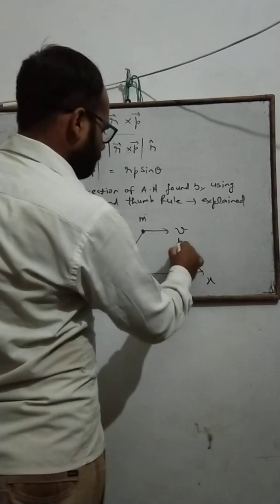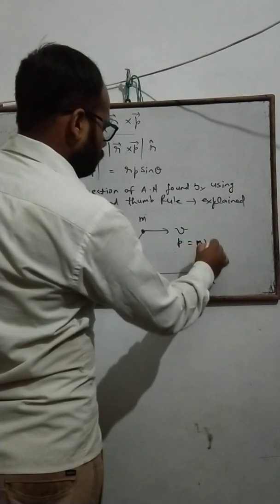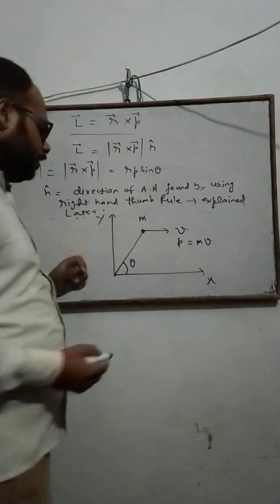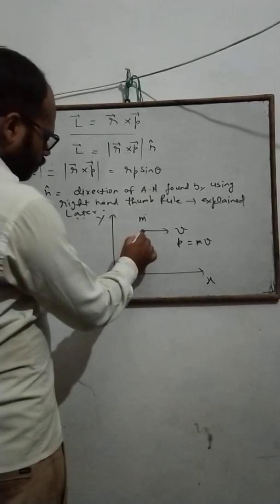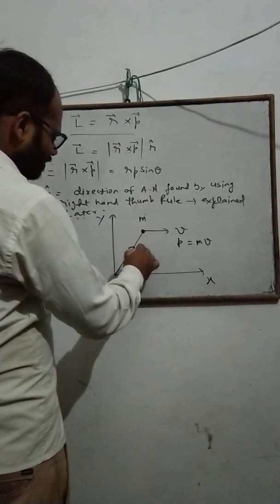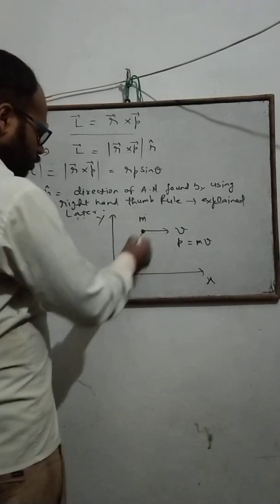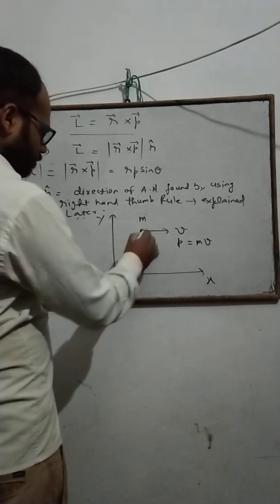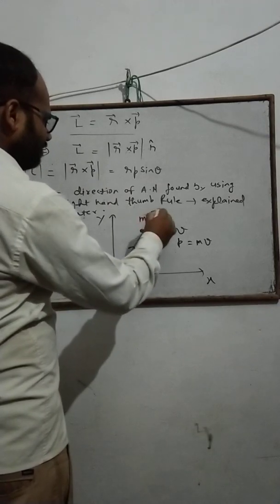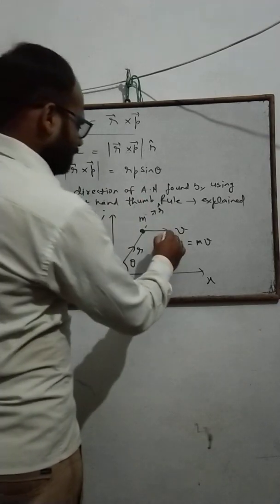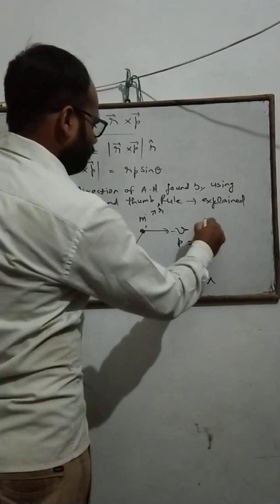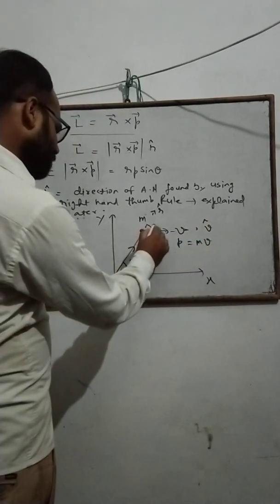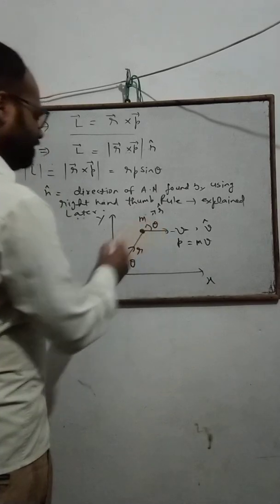So linear momentum p will be equal to m into v. Now this is the position vector r having magnitude r, with direction r cap, and the velocity has direction v cap. This angle will have the value theta.